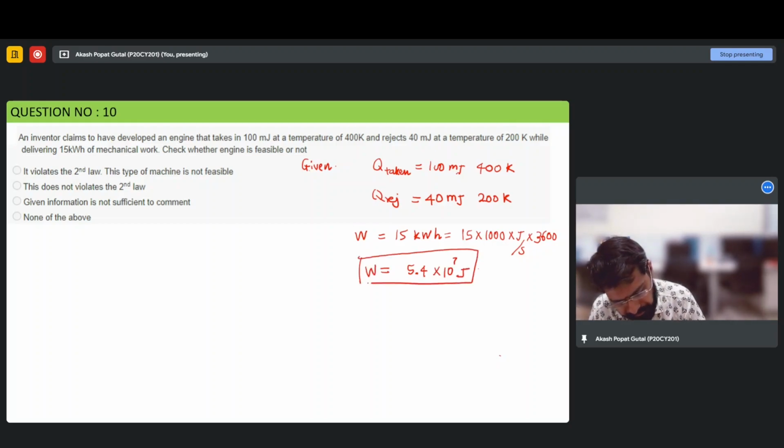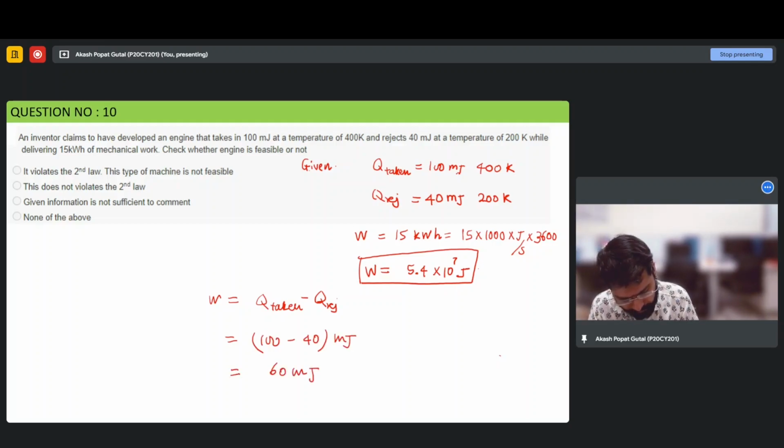And according to the engine, the work done is Q taken minus Q rejected. It's nothing but 100 minus 40 millijoule, which is nothing but 60 millijoule.